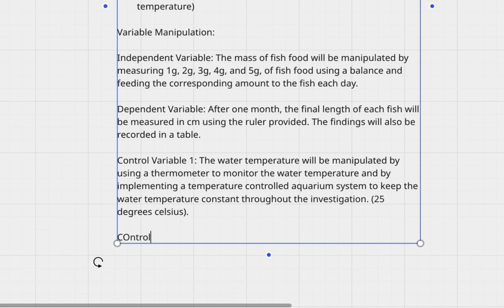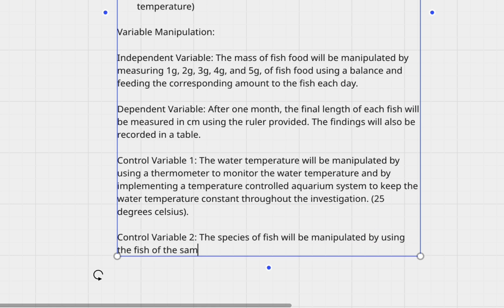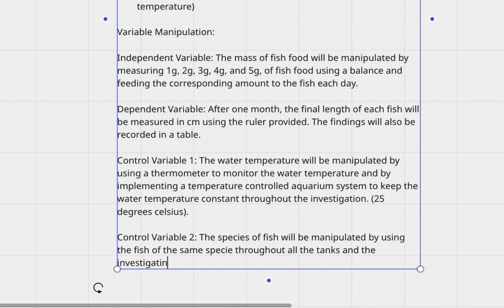And then for control variable 2, let's just write it's for the species of fish. So we're going to write the species of fish will be manipulated by using fish of the same species throughout all the tanks and the investigation.